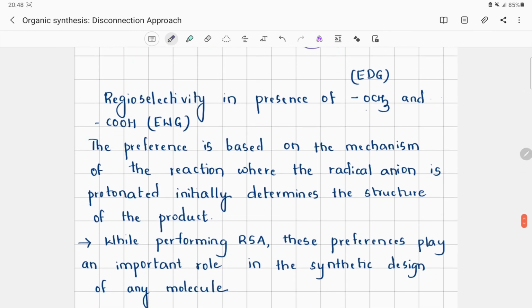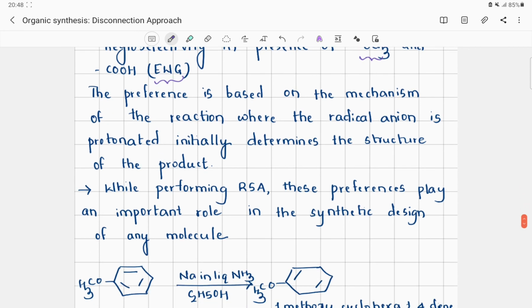Now in terms of regioselectivity, if there is an electron donating group like methoxy, or an electron withdrawing group like a carbonyl group or a carboxylic group, the preference is based on the mechanism of the reaction, where the radical anion is protonated initially, which determines the structure of the product.